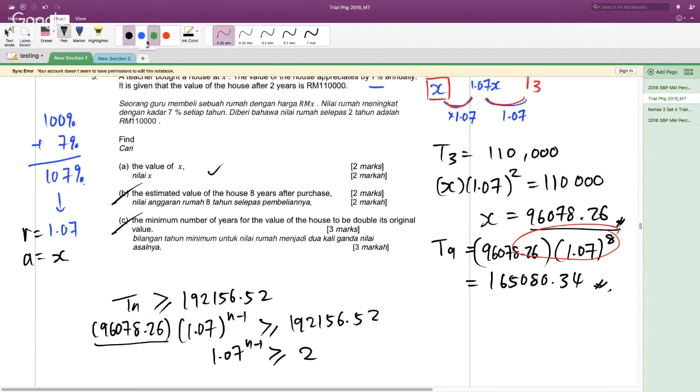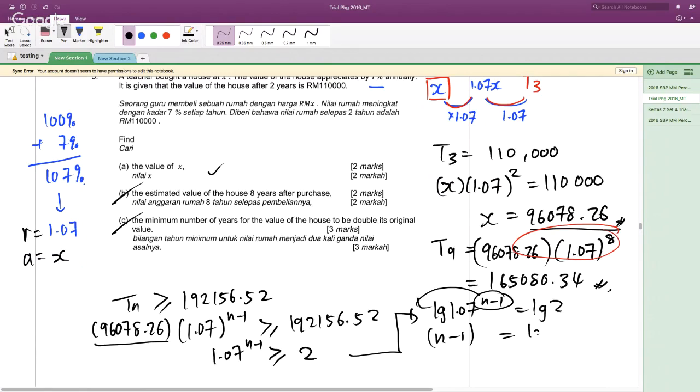So what I will do next is add the log on both sides. I get log 1.07^(N minus 1) equals log 2. Then we know the power we can move in front, becoming N minus 1. And then the log 1.07 I will move to the other side, it just becomes divide. I mean, this symbol should be bigger or equal.